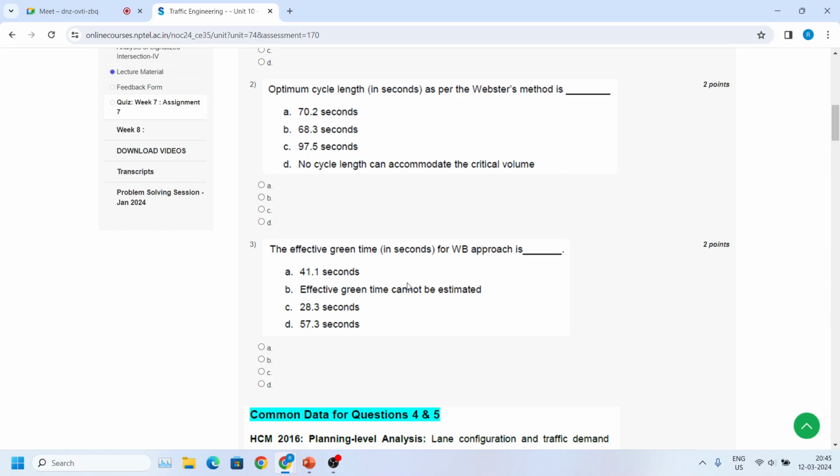Check this, I'm not sure. Okay, so Webster's method, I think you have to.